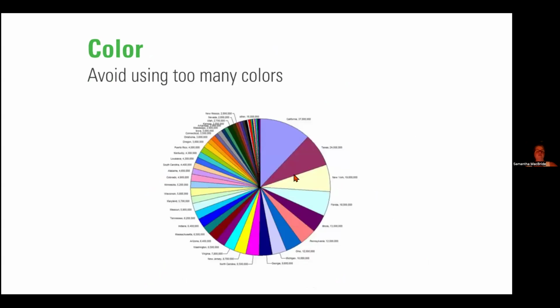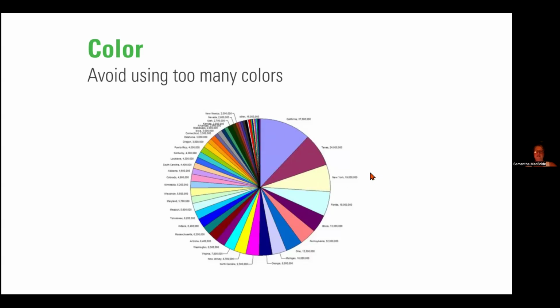So here's an example of using all the colors of the rainbow. And in addition, too many categories could work on a pie chart. No one is going to be able to really make intuitive sense out of this pie chart except to know that maybe these bigger slices are more of something.